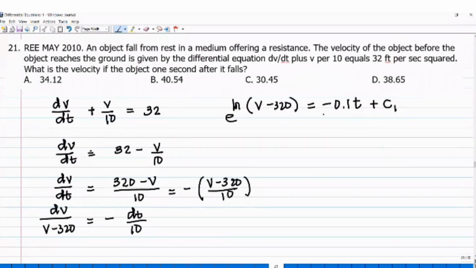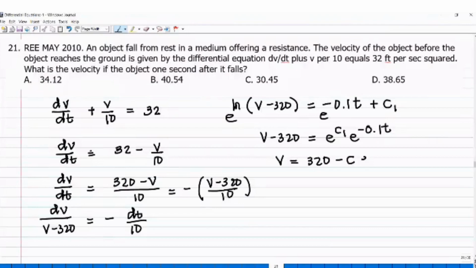Then exponentiate. V minus 320 is equal to e raised to C1 times e raised to negative 0.1 t. So V therefore is equal to 320 minus c e raised to negative 0.1 t.